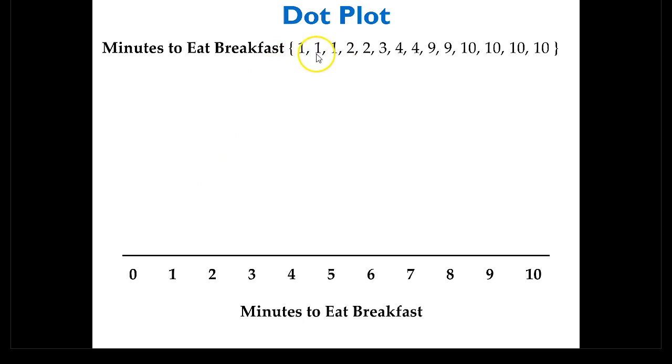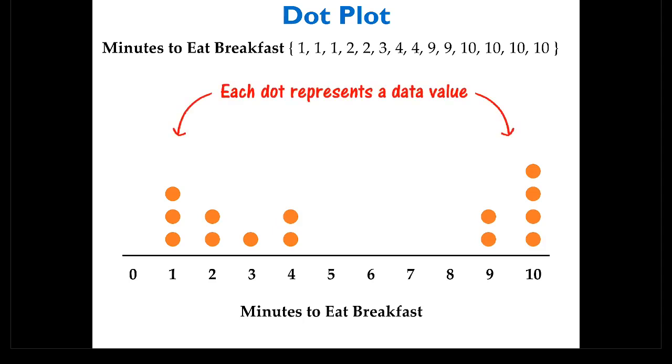Because there are 3 ones here, there are going to be 3 dots to represent these 3 ones. Under the 2, there would be 2 dots because there are two 2s, and then there'd be 1 dot for the 3, and there are two 4s, so there'd be 2 dots, and so on. It looks something like this. And it's important to understand that each dot represents a data value.